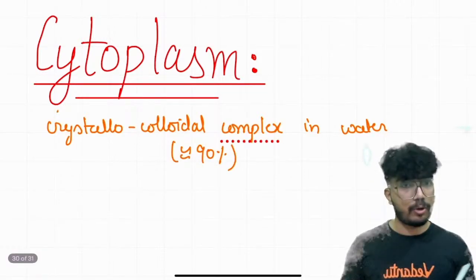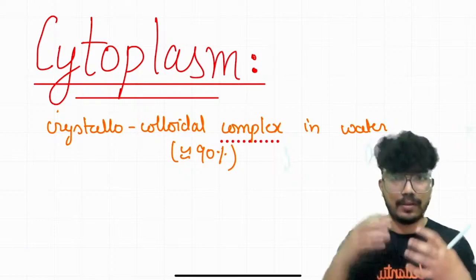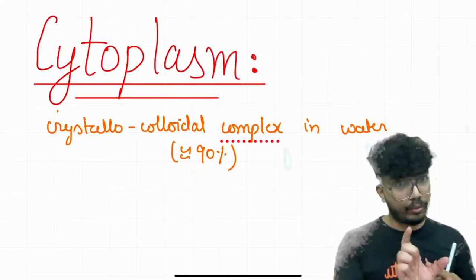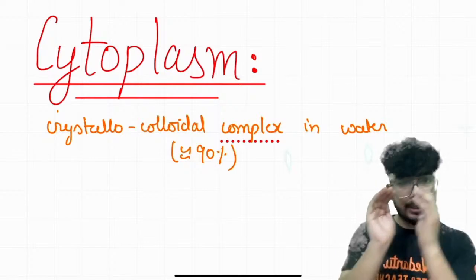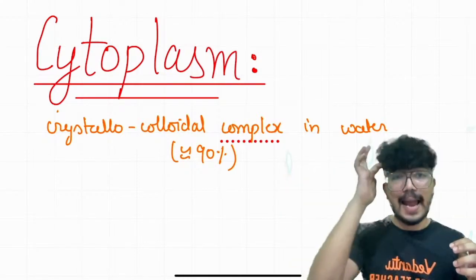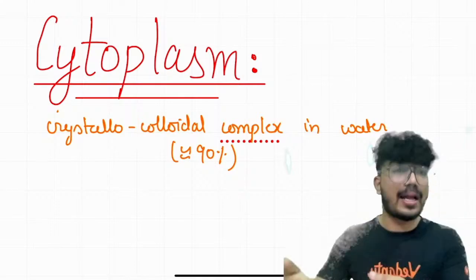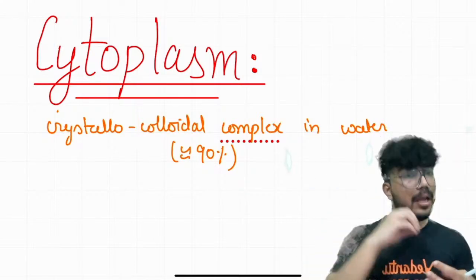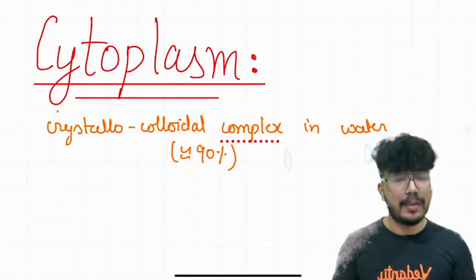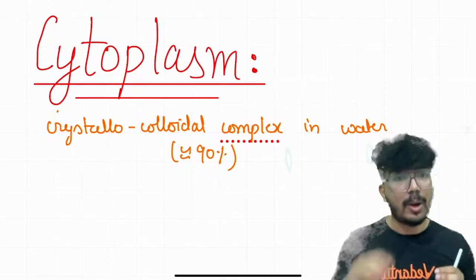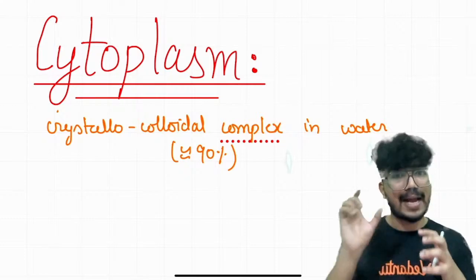The chemical components of the cytoplasm either make a true solution with water, and some other chemicals, like protein, RNA, vitamins, amino acids, sugars, make a colloid solution with water. So that's crystallocolloidal.